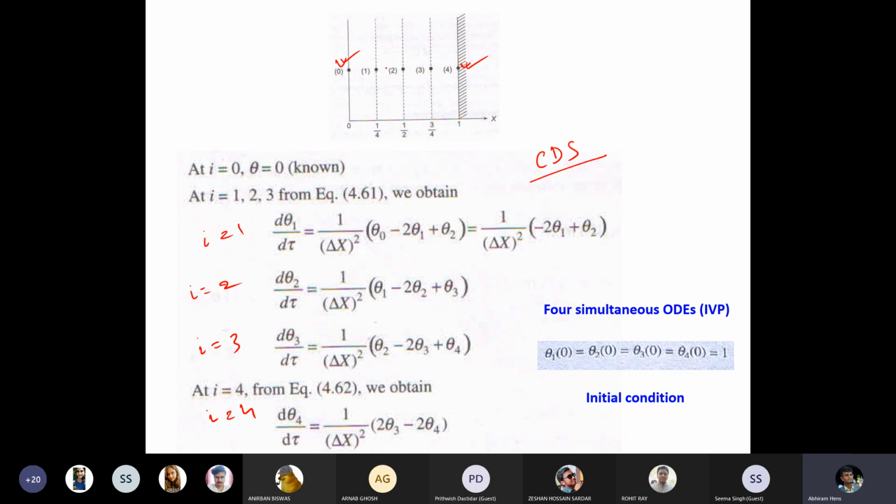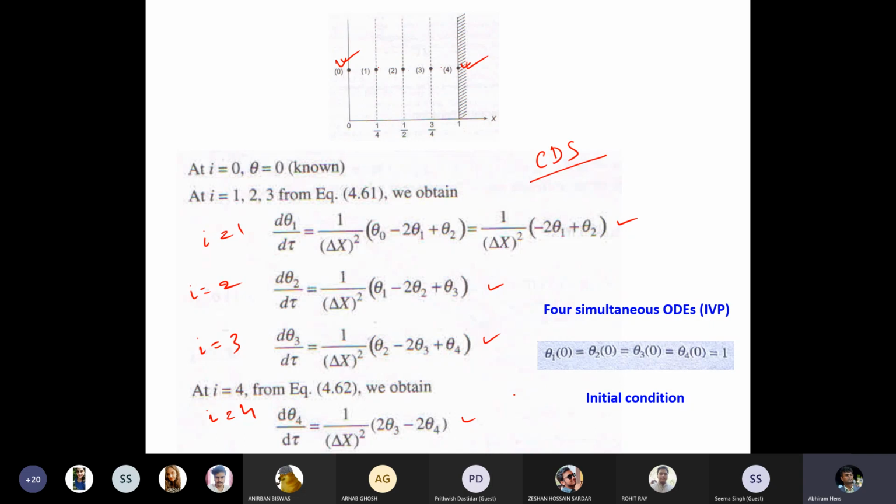So I need these 4 points, unknown to me. So 4 unknown points, and I am getting 4 equations, 1, 2, 3, 4.